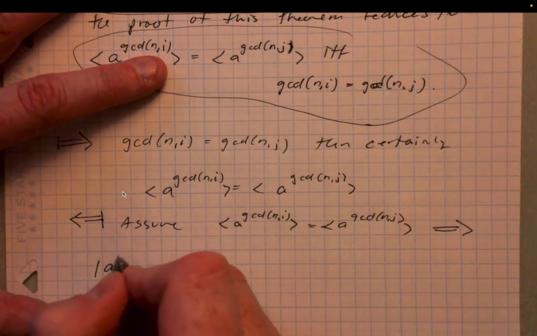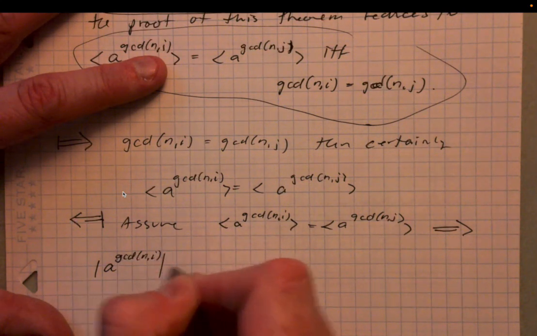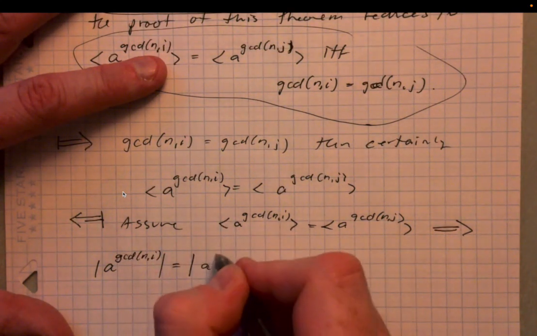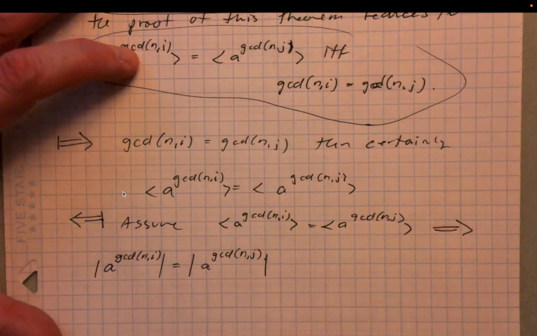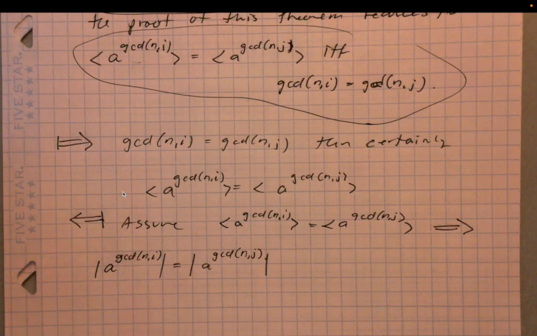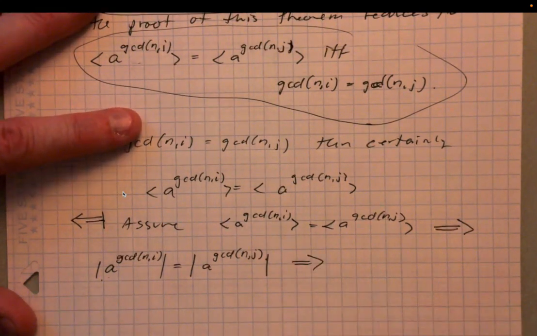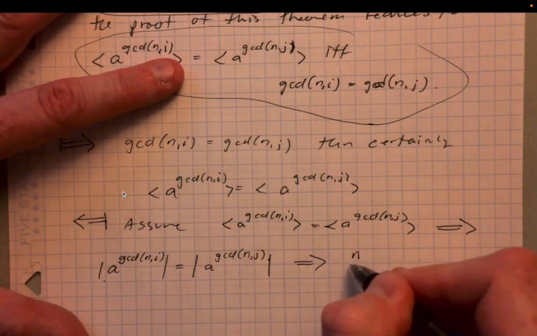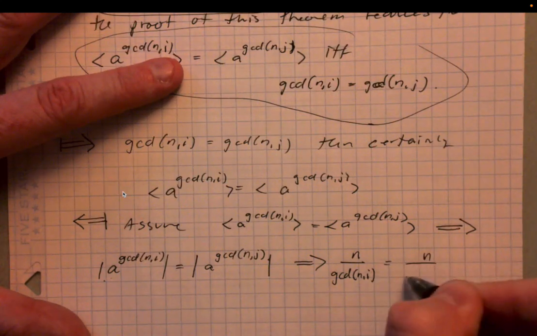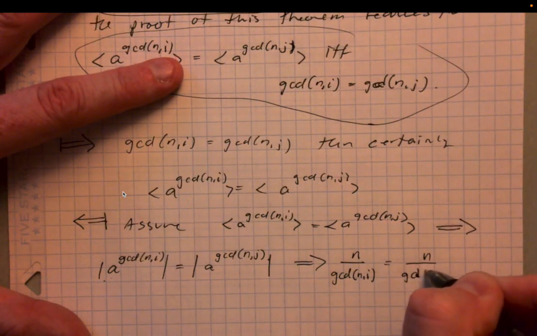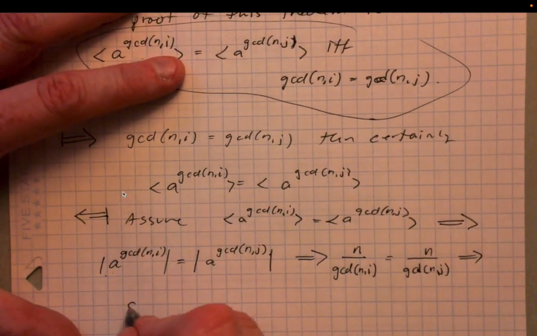So that implies that the order of a raised to the GCD of n and i equals the order of a to the GCD of n and j. And of course, by the previous theorem, this implies that n over the GCD of n comma i equals n over the GCD of n comma j, and of course that implies that the denominators are the same.